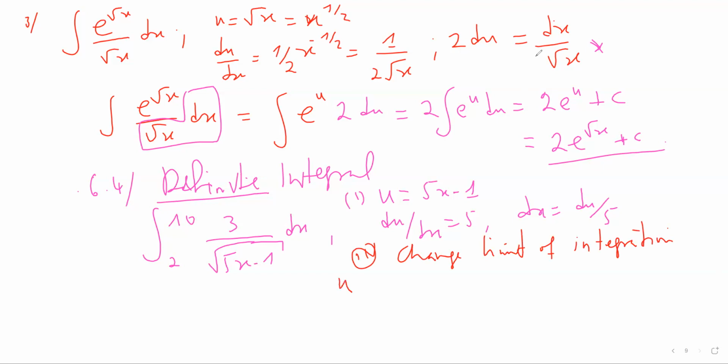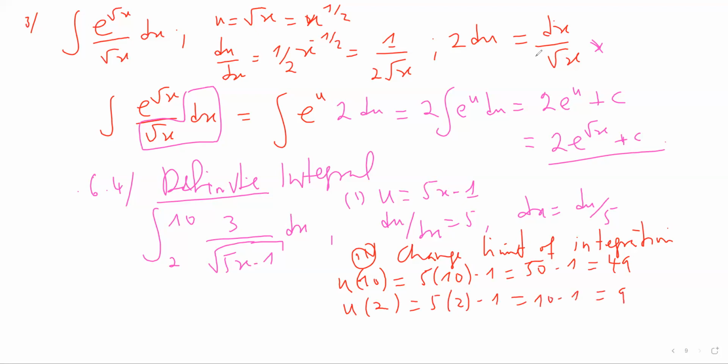Now you take u and you say, okay, u of 10 is 5 times 10 minus 1, and this is 50 minus 1, this is 49, and then the other one is u of 2, which is 5 times 2 minus 1, which is 10 minus 1, which is 9.